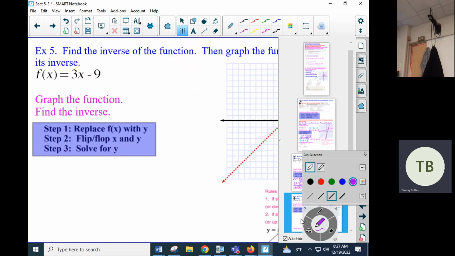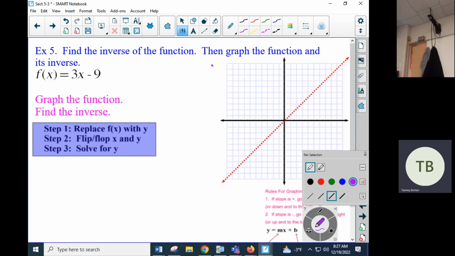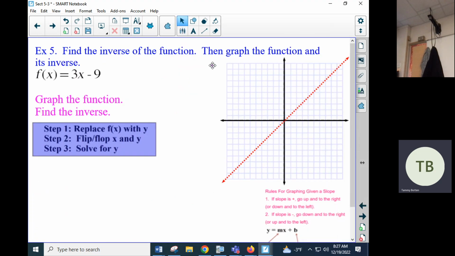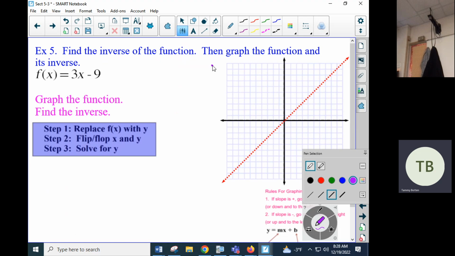All right, so if we look at this one, again, what we're doing first, this one's easy to just graph right away. So this one, if I think of this as y equals 3x minus 9, my slope would be 3/1 and my y-intercept would be -9.